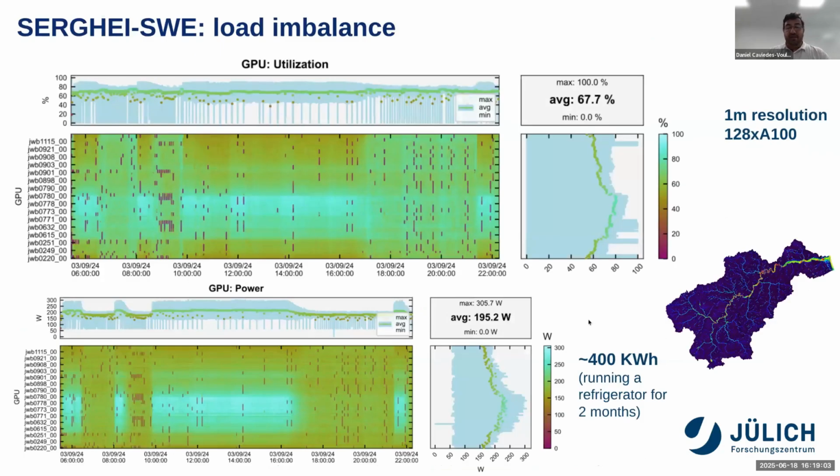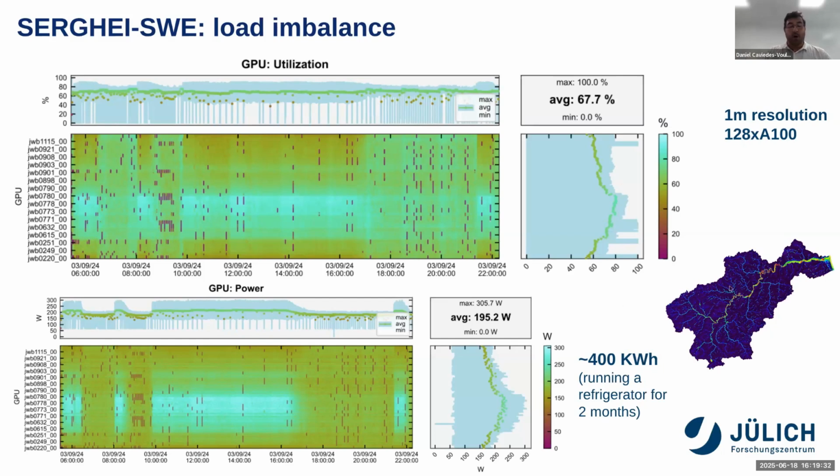Now, there's, as I said, still open issues. So when I look at the GPU usage of these simulations I was just showing, this is for the 1 meter case. So 128 GPUs, and these are mapped into this heat map on the vertical axis, time is on the horizontal axis. What you're fundamentally seeing is that there is a load imbalance in space. I should say that the domain decomposition in this case is of basically vertical stripes across the whole domain of equal size.